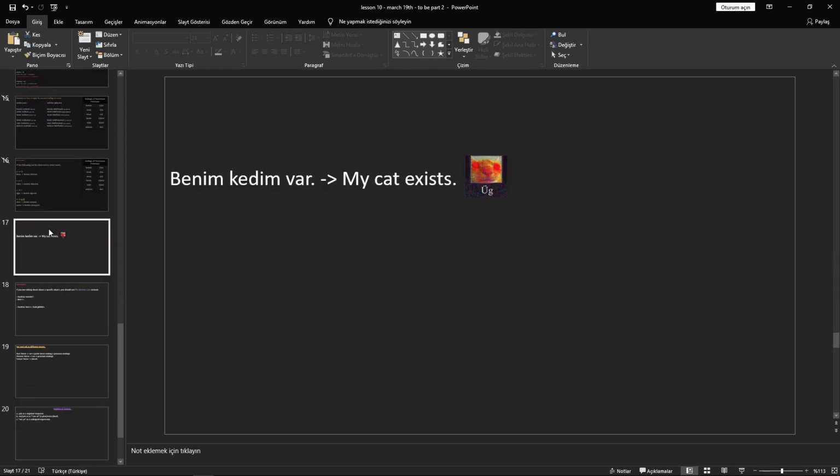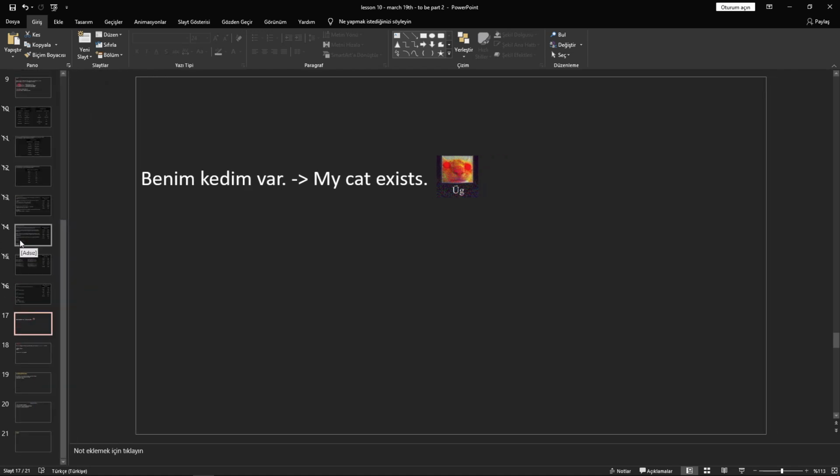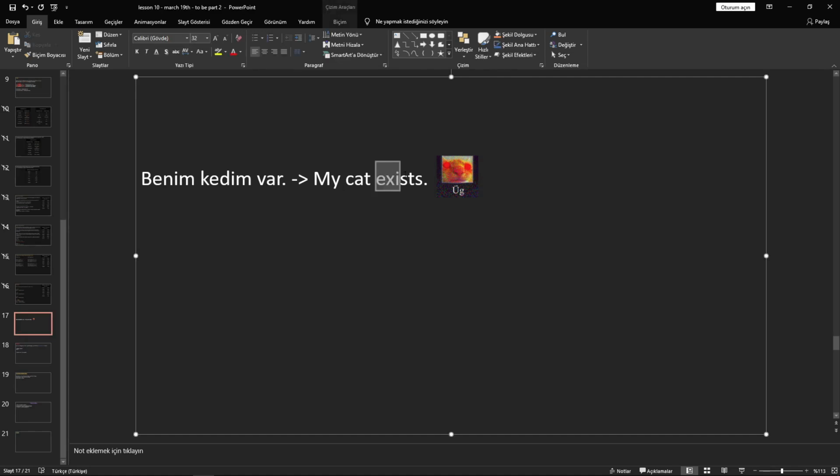Okay, and there's this part that I want to mention. Benim, for example, benim kedim var. That actually means my cat exists. If you look at the endings, benim kedim, my cat, and I have also said var means exist, so my cat exists.